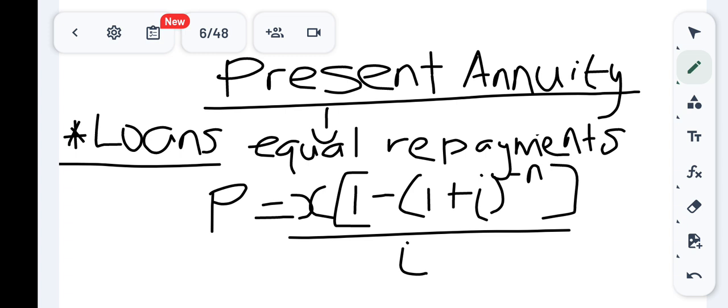What is P? P is the present annuity. It's the loan amount that you will pay over time, and X is the regular equal repayments.